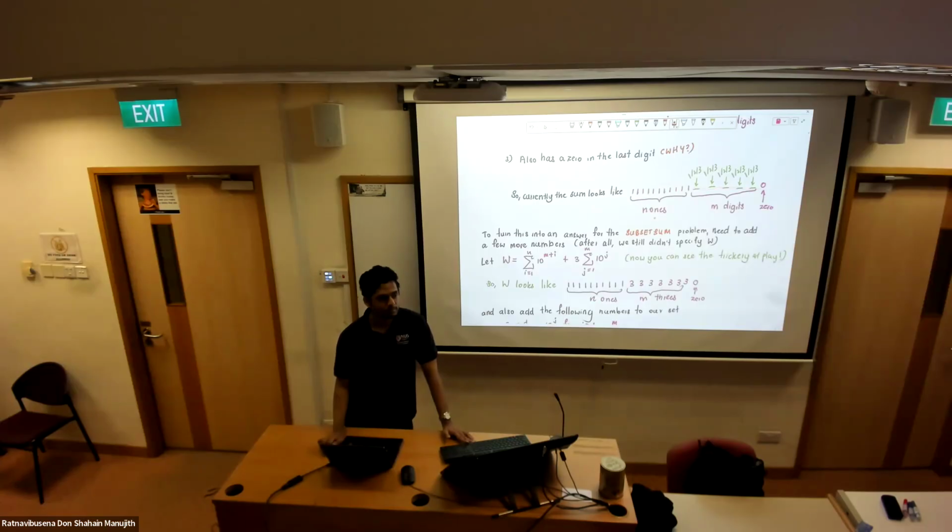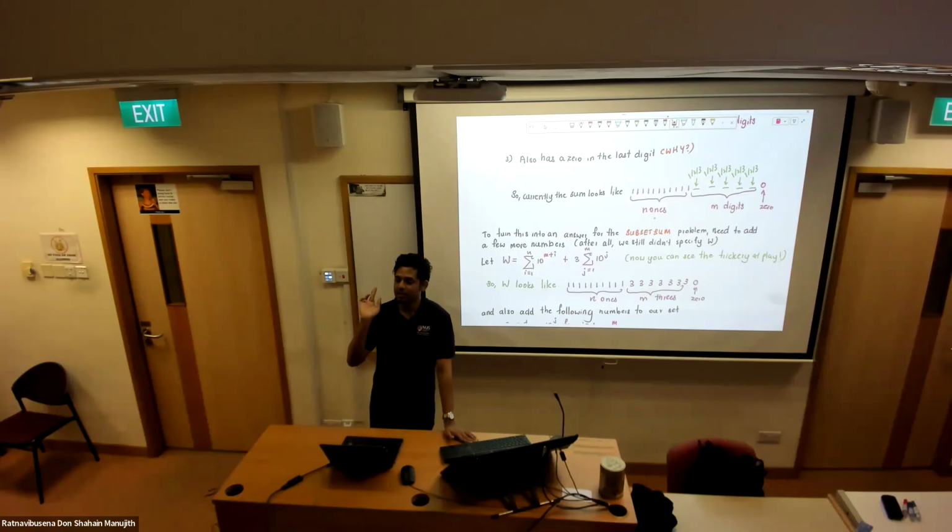But we need to make 3, 3, 3, 3, 3. But we define CJ and DJ for that very purpose, for J equals 1 through M.